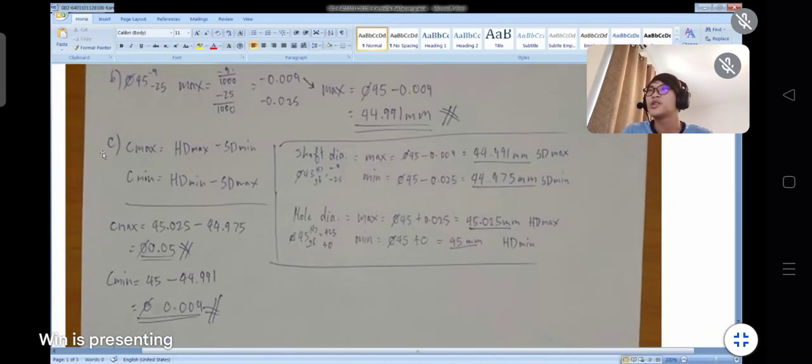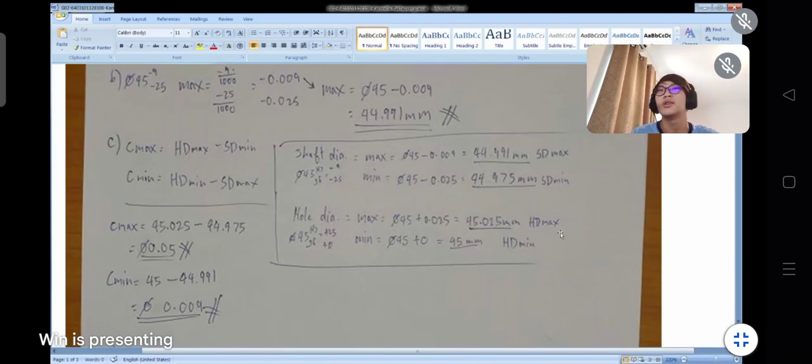So for C, it asks to find C max and C minimum. So these are the formula. And to make this easier, I divide it into two parts, shaft diameter and hole diameter. So I find the maximum and minimum of all of them, in which you can see here, this is shaft max and shaft minimum.